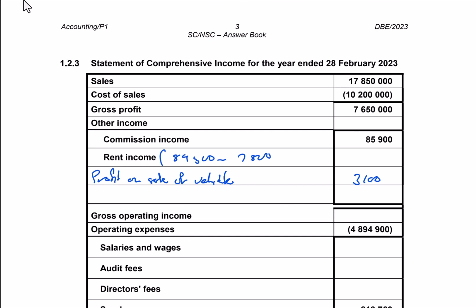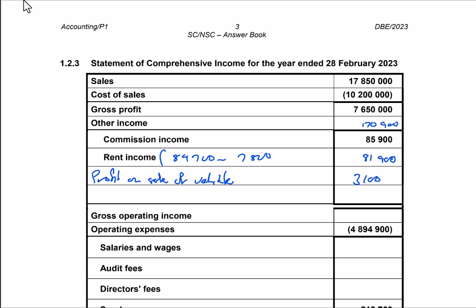So calculating rent, this is 700, not 500. That's 89,700 minus 7,800, that's 81,900. Then other incomes, that will be 81,900 plus 3,100 plus 85,900, which is 170,900.